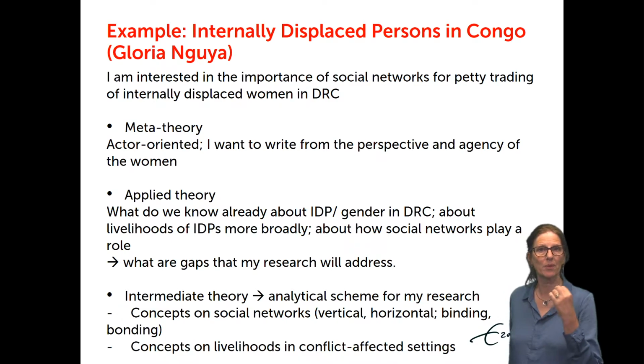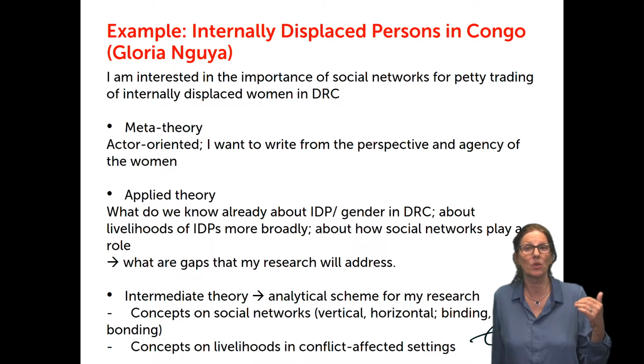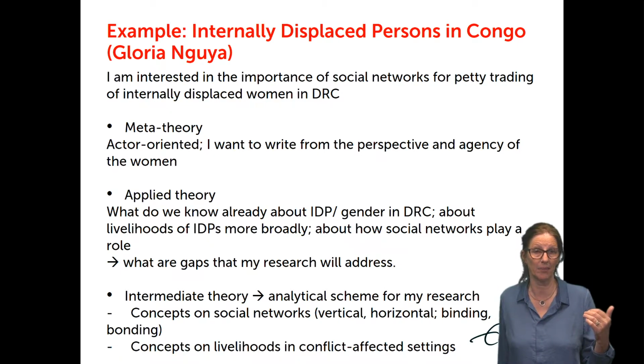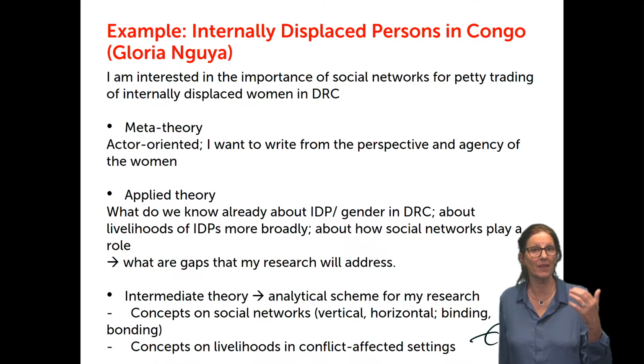I want to write from the perspective and the agency of women. Her applied theory is, what do we already know about IDPs and gender in DRC? What have other people written about livelihoods of IDPs more broadly, about how social networks play a role? What are the gaps that my research will address?